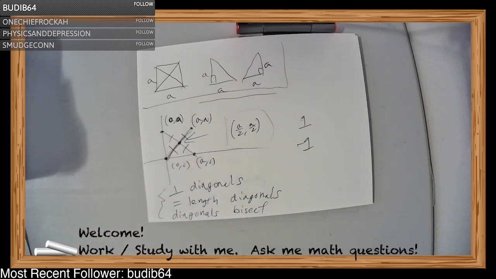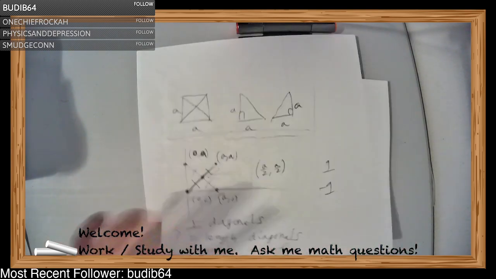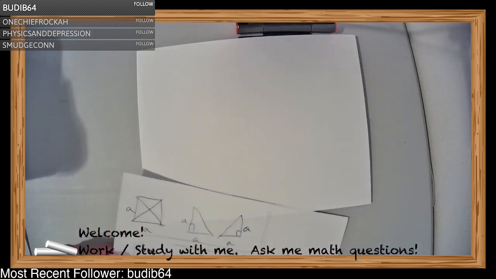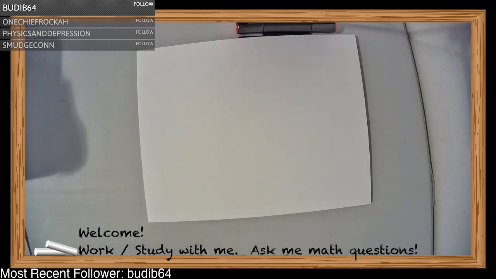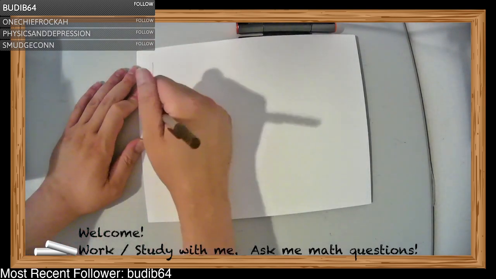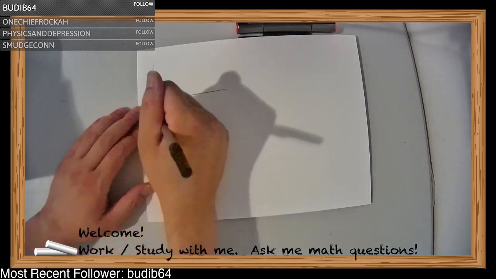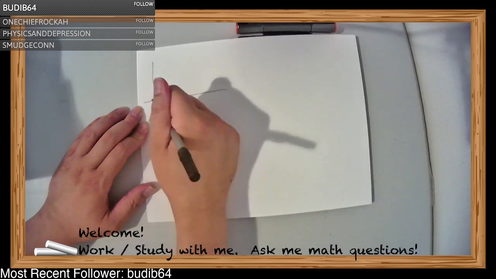Okay, so let's move on from squares now to rectangles. Rectangles have some of the properties of squares, but not all of them. So let's draw a rectangle. Again, you can take the rectangle, rotate it, and translate it until one of the points is at the origin. So this is 0, 0.